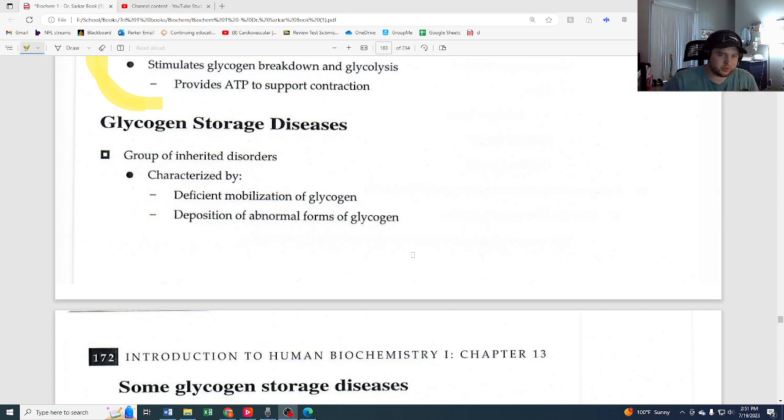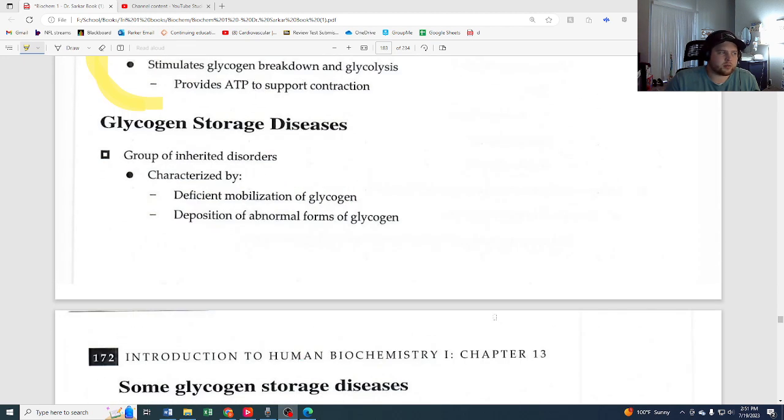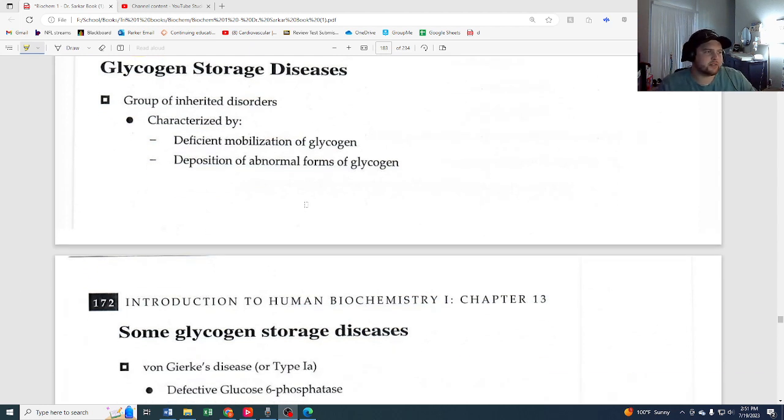So if we ever go into the fasting state, the body immediately starts to have to break down non-carbohydrate sources of energy. There are different groups of inherited disorders characterized by the deficit of mobilization of glycogen and the deposition of abnormal forms of glycogen.